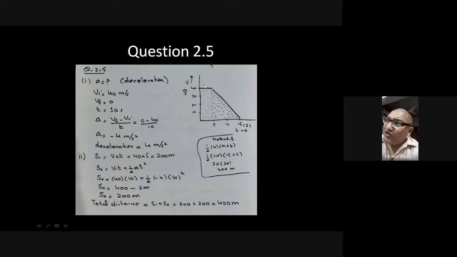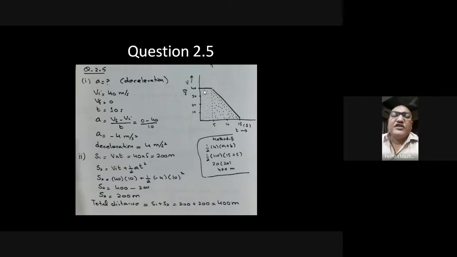In the first portion, you can see the body for 5 seconds is moving with constant or uniform speed. If the body moves with uniform speed, you can apply the formula: distance is equal to speed multiplied by time. This formula is only applicable if the body is moving with uniform speed.